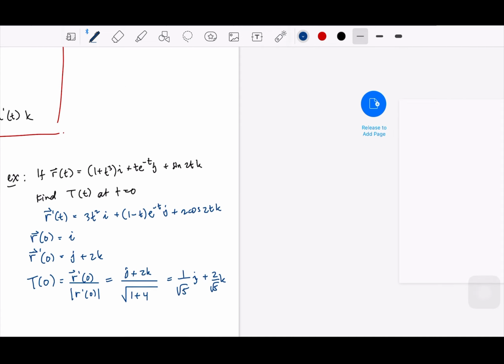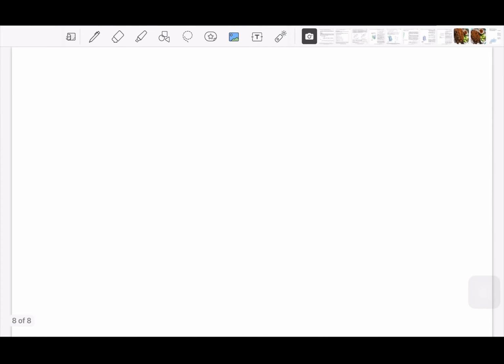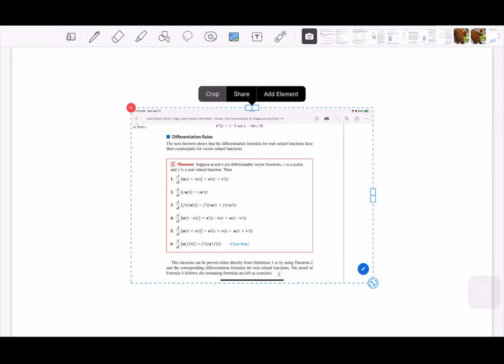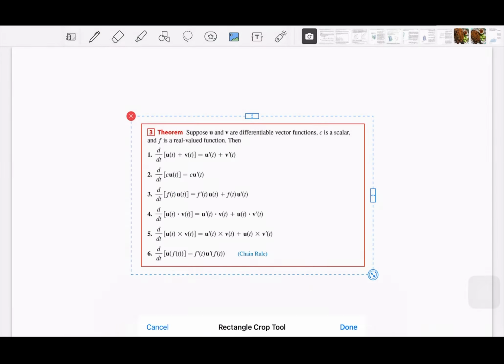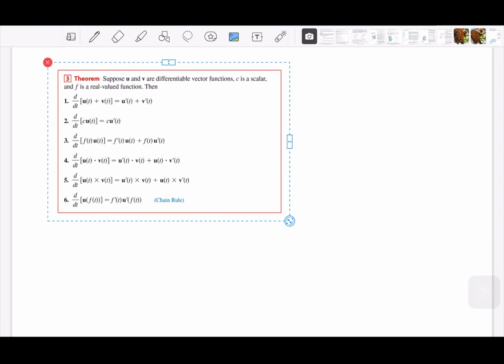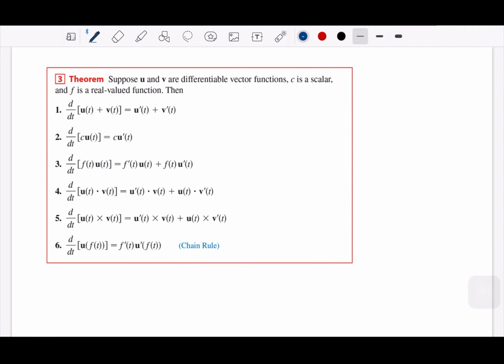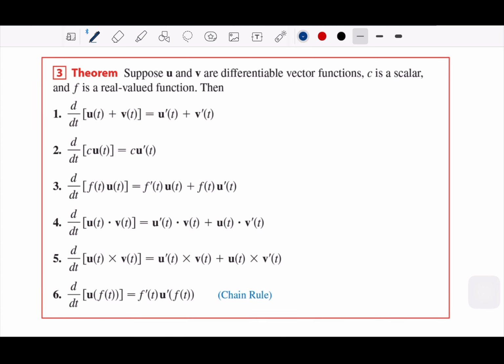Okay, let me go through the next sections. We have some differentiation rules that probably you need to take some time on. So suppose u and v are differentiable vector functions, c is a scalar and f is a real valued function.